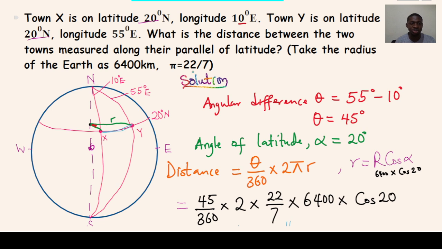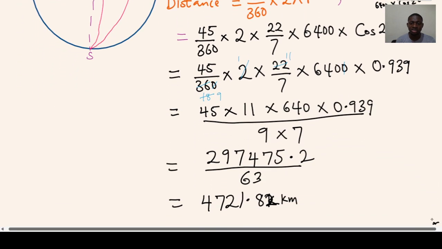What is the distance between the 2 points measured along the parallel of latitude? And that is what we have been able to do, that the distance is approximately 4,721 kilometers.